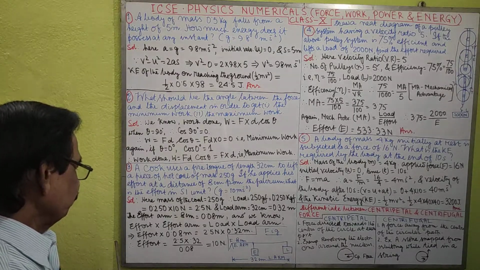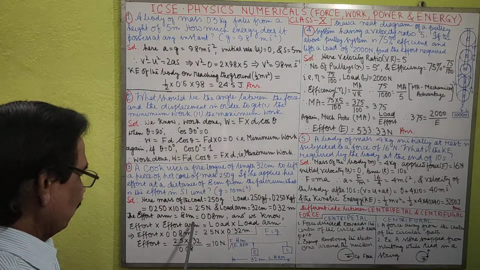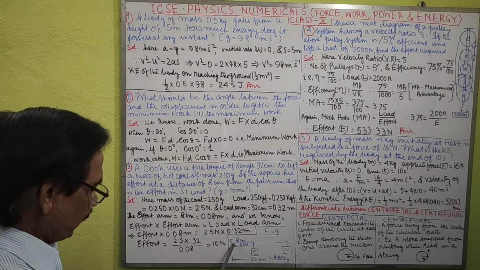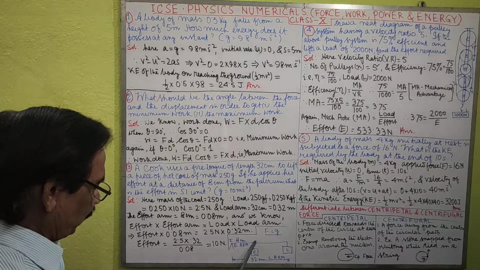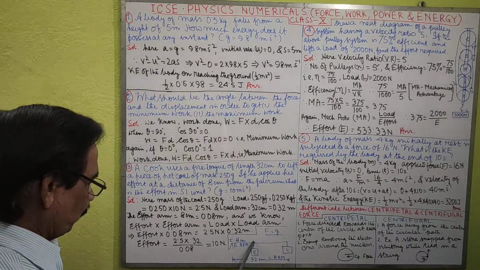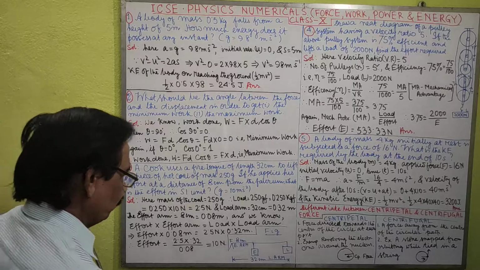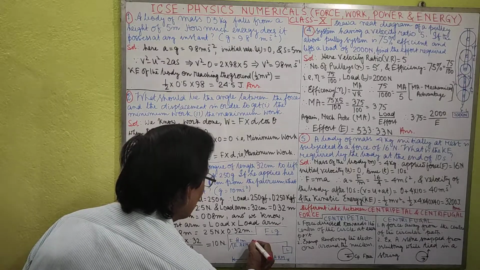The effort arm is 8 centimeter, from the fulcrum to this point E. This is the effort arm.